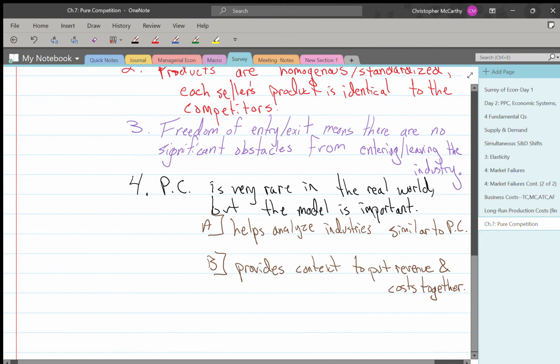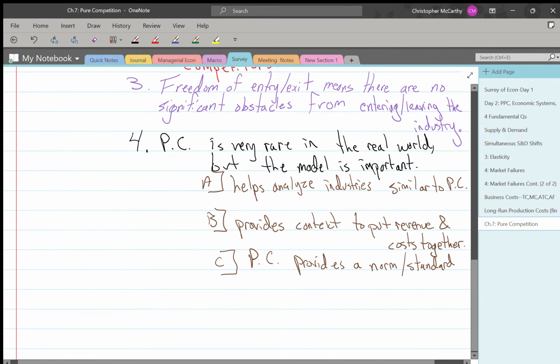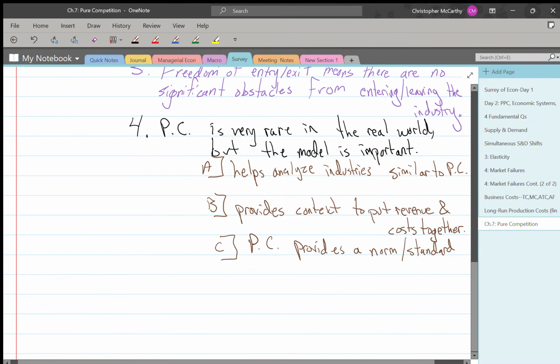And then lastly, it's going to be a norm or standard against which to compare and evaluate the efficiency of the real world.